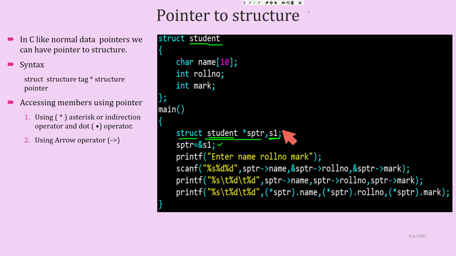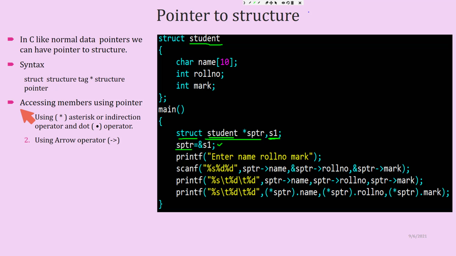The address of that student's details, ampersand S1, is stored to SPTR. So now the pointer variable SPTR gets an address value, and that is pointing to student S1. The syntax is struct structure tag star structure pointer. From the example it is very clear.